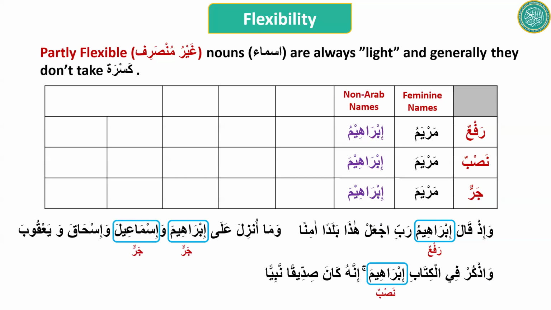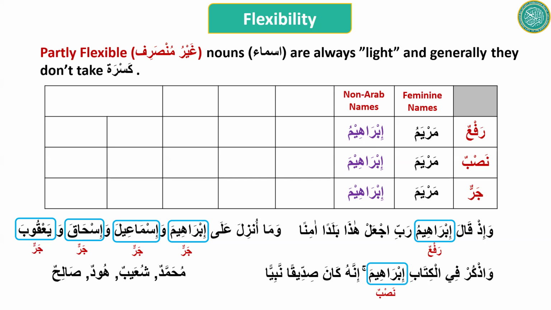It is in Jar status. Ishaqa is also a non-Arab name, in Jar status. Yaquba is also a non-Arab name, in Jar status. Among the prophets and the messengers, there are only 4 names which are called Arab names. The rest of the prophets and messengers have names categorized as non-Arab names.